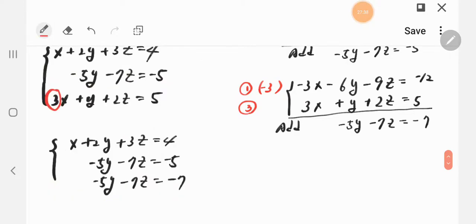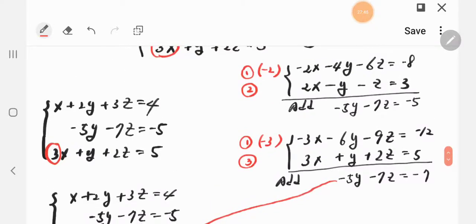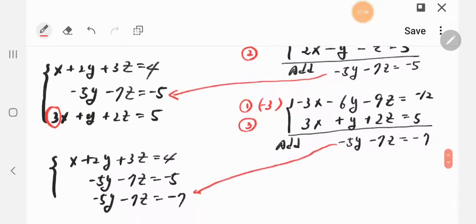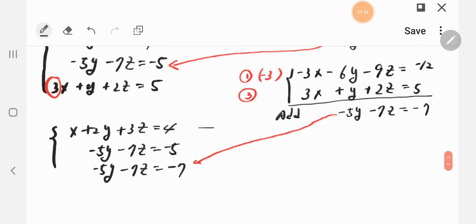So what I did is I replaced the third equation by this, and then from this one, this will be the second equation. So now we have 3 equations. This is equation 1. This is a new equation, so let's say this is 4, and this is 5.